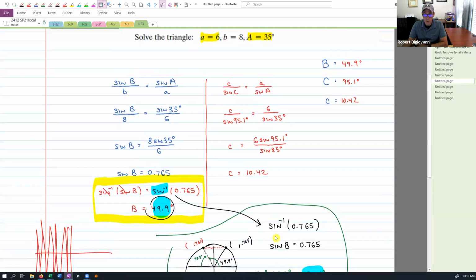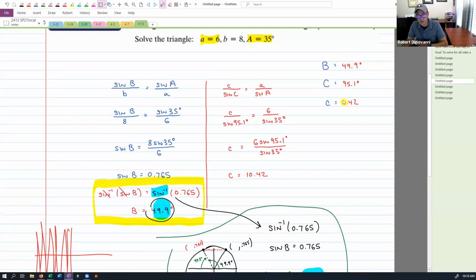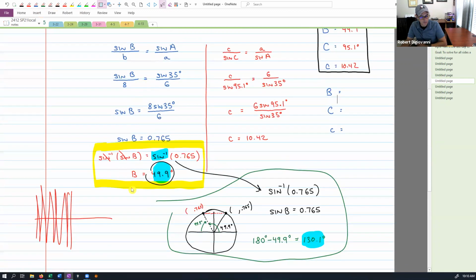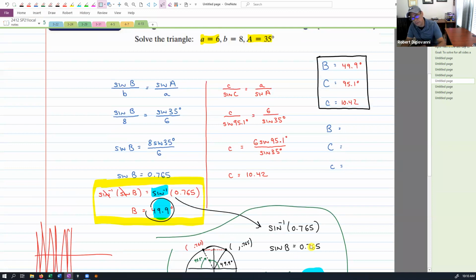Okay, I'm going to go back up here now, and I'm going to say, this was one solution, right? But another solution would be B, capital C, little c, where we just went through all this work to find capital B, and we realize now capital B is actually 130.1.